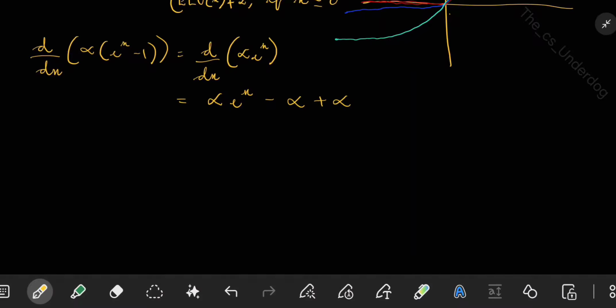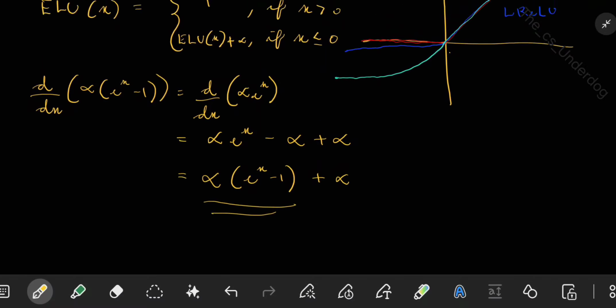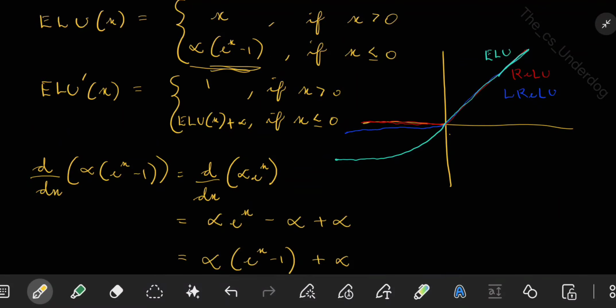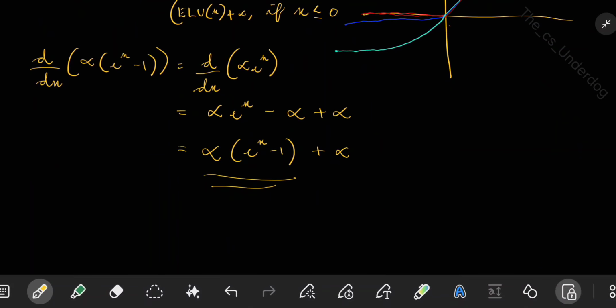What is the point of adding this? What I'm going to do is, I will say this is alpha into e power x minus 1 plus alpha. And what is this term? This term is same as the term here, alpha into e power x minus 1, which is ELU of x. So this is what I'm going to do here.